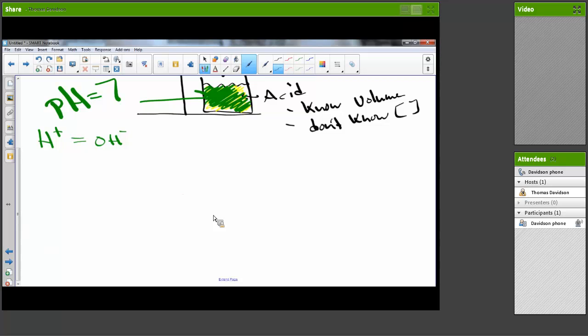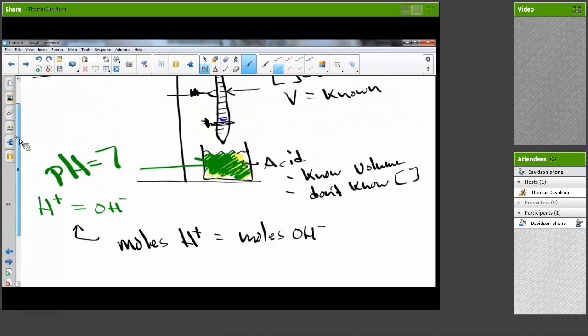So stick with me right here. If H plus and OH minus equal each other at pH 7, that means that the moles of H plus equal the moles of OH minus at a pH of 7. Look right here.